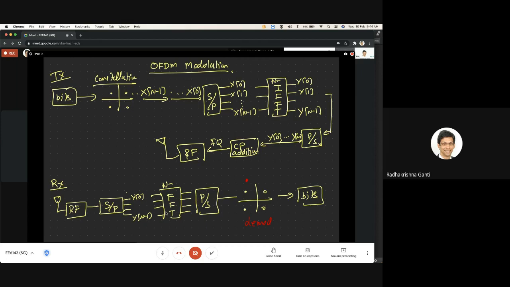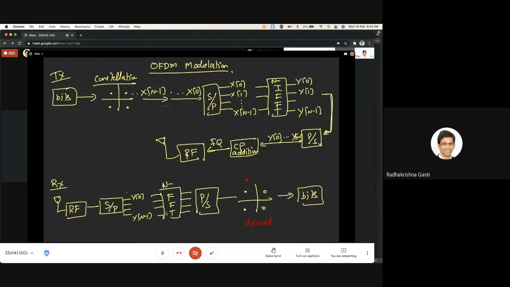So in OFDM, just to answer Mr. Chitranjan's question, this is the frequency domain. You always transmit time domain signals, because in RF, finally you have to transmit time domain signals.